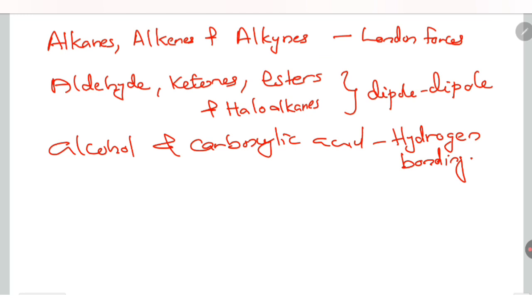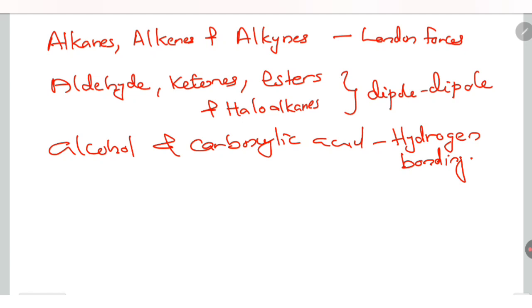If it is alkane, alkene, alkyne, the type of intermolecular force in these compounds are London forces. Aldehyde, ketone, ester, and haloalkane, it is dipole-dipole forces. Alcohol and carboxylic acid, it has hydrogen bonding.